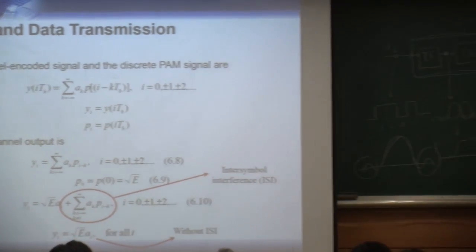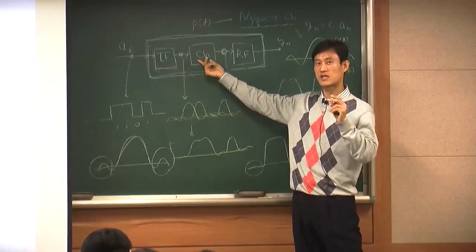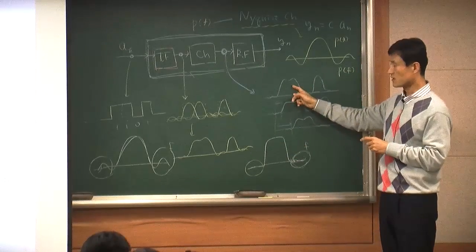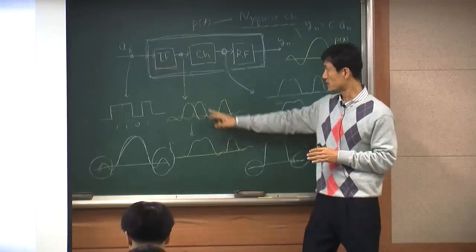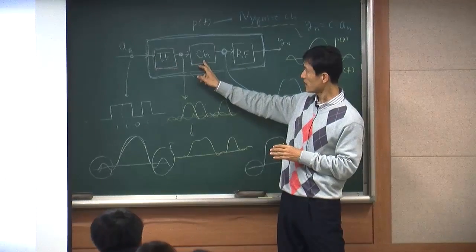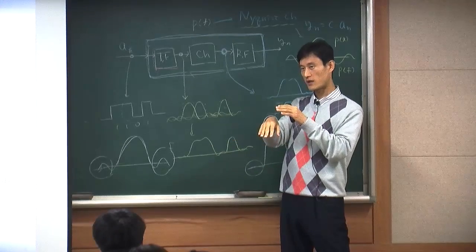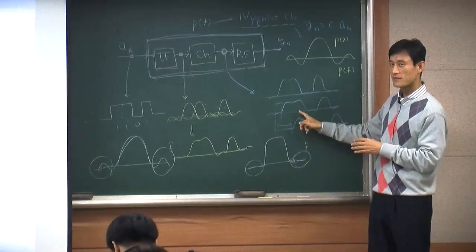Because of that memory in the channel, this can be a wireless channel or any channel, but a channel typically has memory. This signal goes into the channel, so the channel inside has memory, and this input goes into the memory and comes out at different times.